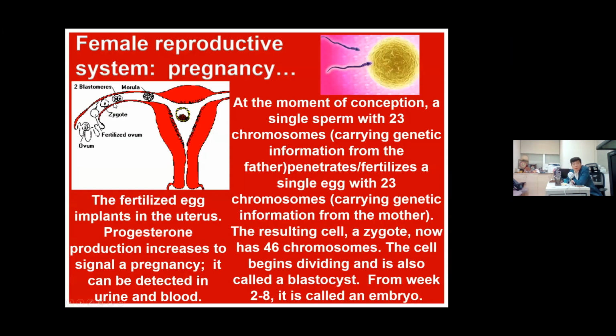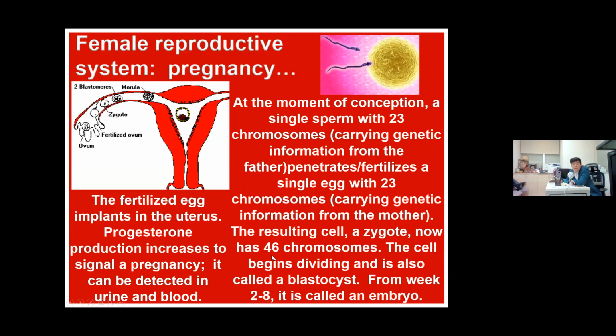So the most important thing in the female reproductive system is pregnancy. The ovum cell and the sperm come in here, and they get fertilized. Once fertilized, they migrate from the tube to the uterus and implant here. Later we will show the chromosomes. The fertilized cell has 46 chromosomes.